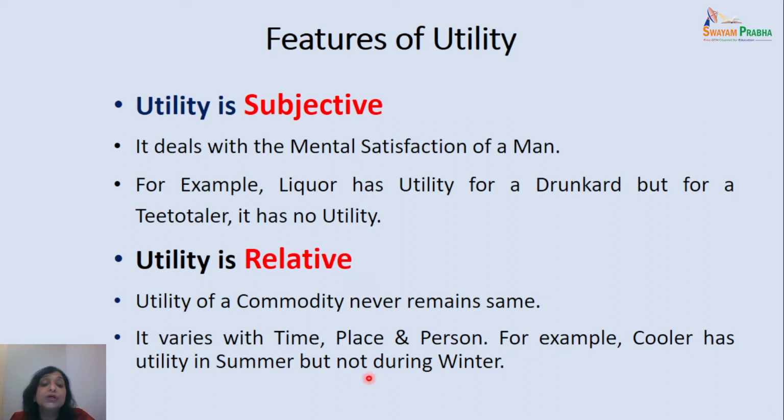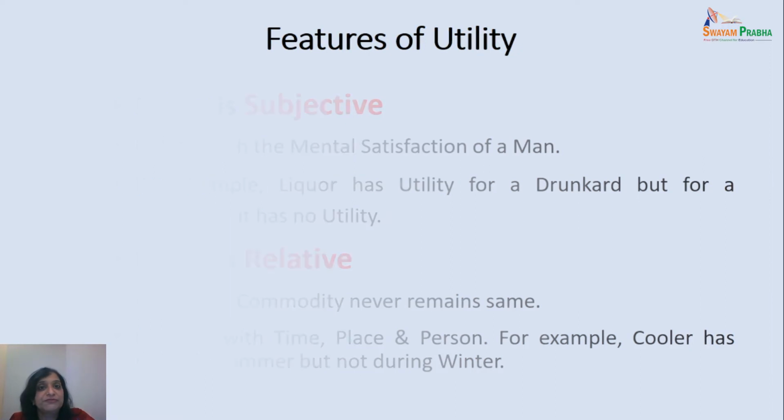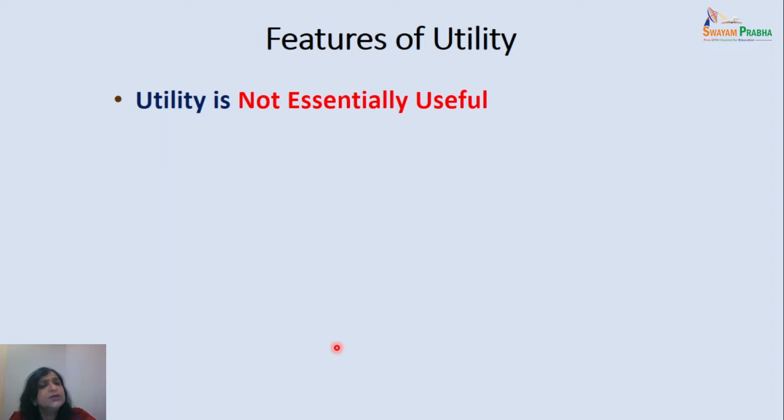For example, a cooler, which we use during summer, has more utility in summer but not during the winter. It also varies with place. For example, the same cold drink having along with your friends in your college canteen will give you a greater satisfaction than having a cold drink sitting alone in some unknown place. So that changes the utility. So utility is relative. Then utility is not essentially useful.